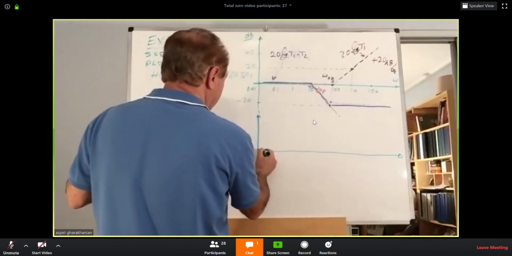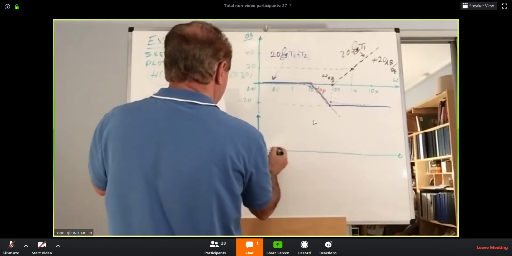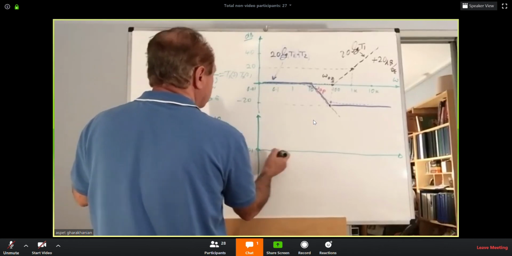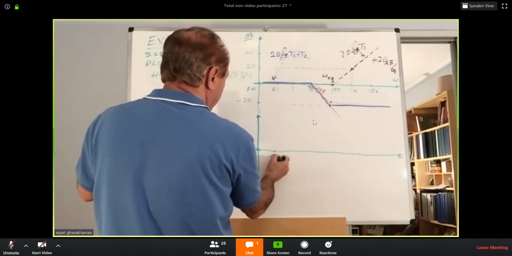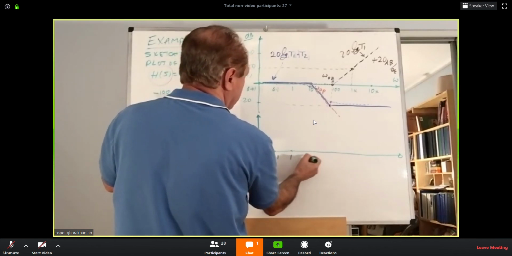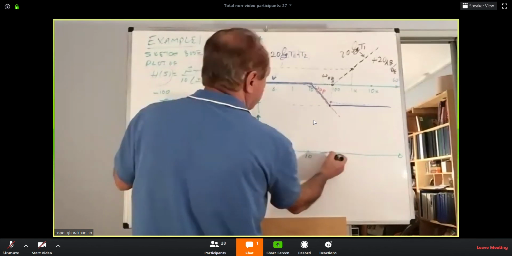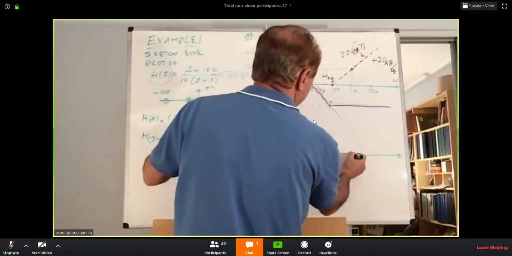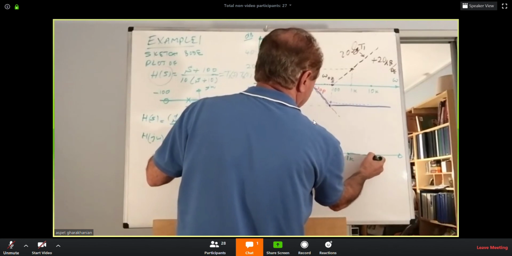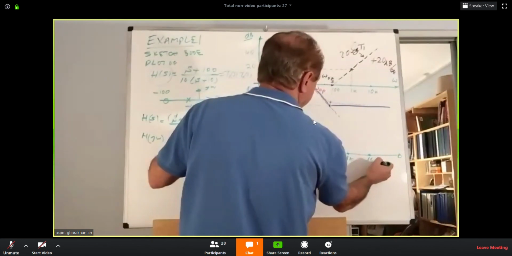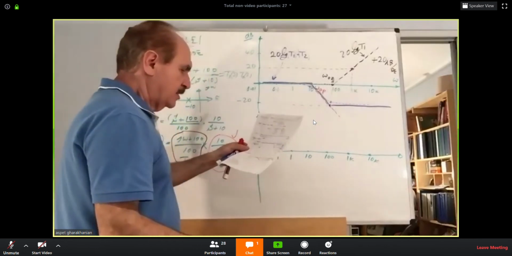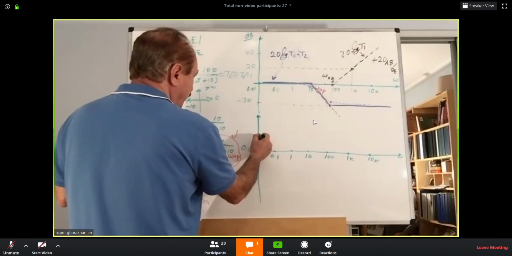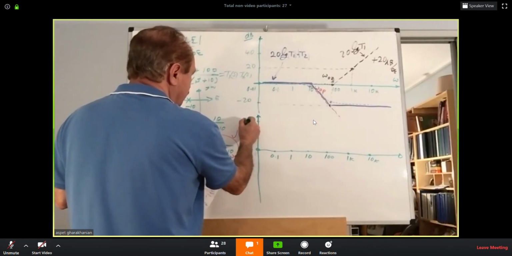Okay. Same scales: 0.01, 0.1, 1, 10, 100, 1K, and here about 10K. Okay. And on the axis, you have 45 degrees, 90 degrees.